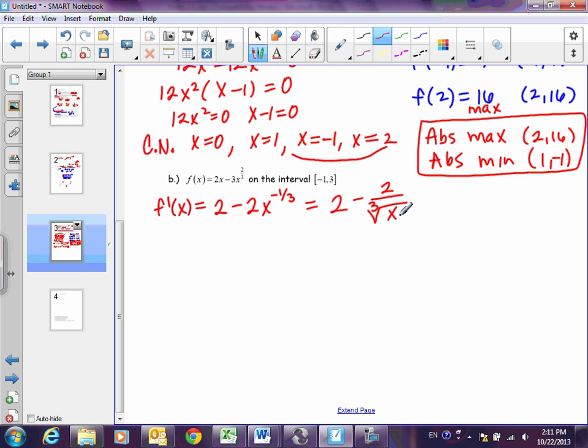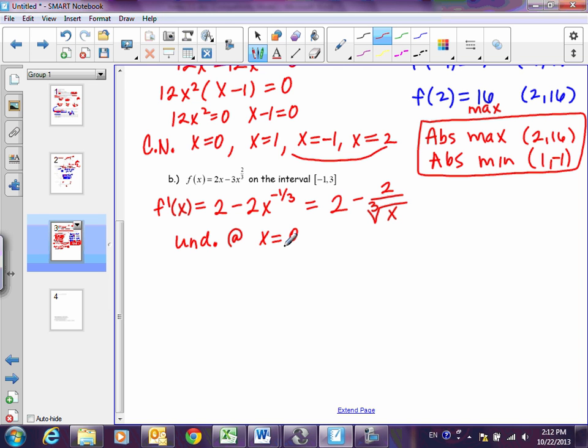But on a problem like this, it may not be obvious when we have our answer written this way, but when our derivative is written this way, it should now be obvious that this derivative is undefined at what x value? 0. When x is 0, you are going to divide by 0, and that's not good. So this is one of my critical numbers.